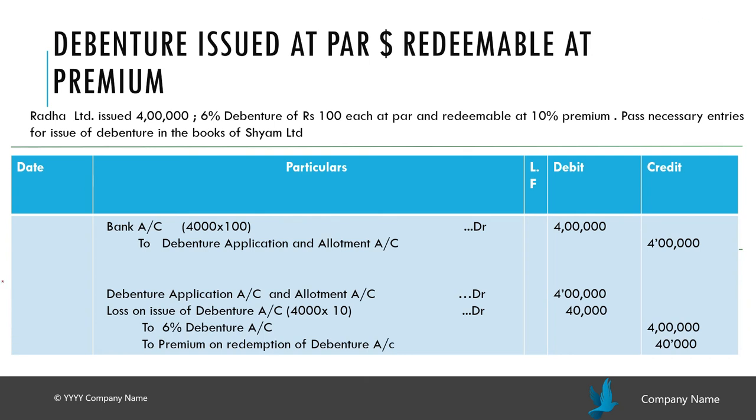So what we are noticing, the securities premium reserve will be credited as premium on redemption of debenture, and the same value will be debited as loss on issue of debenture, and your debit value, that is 4,40,000, is equal to the credit value 4,40,000. So whenever you are doing this kind of sum, you must remember your debit and credit total should always be equal, else the sum will be wrong.